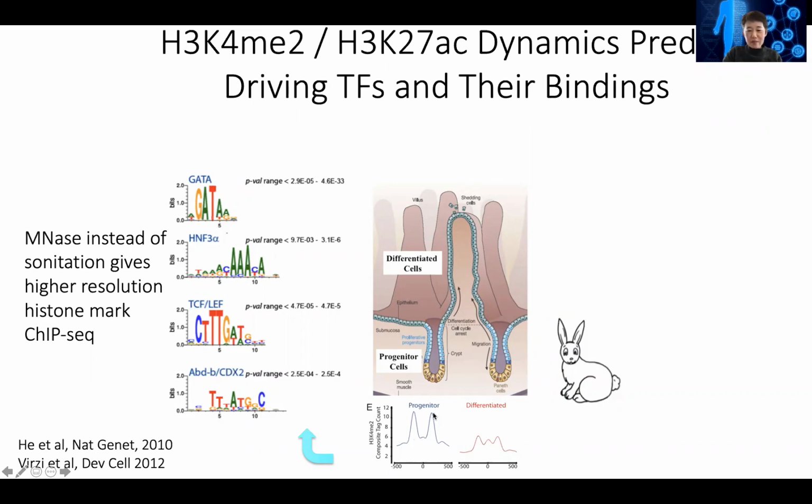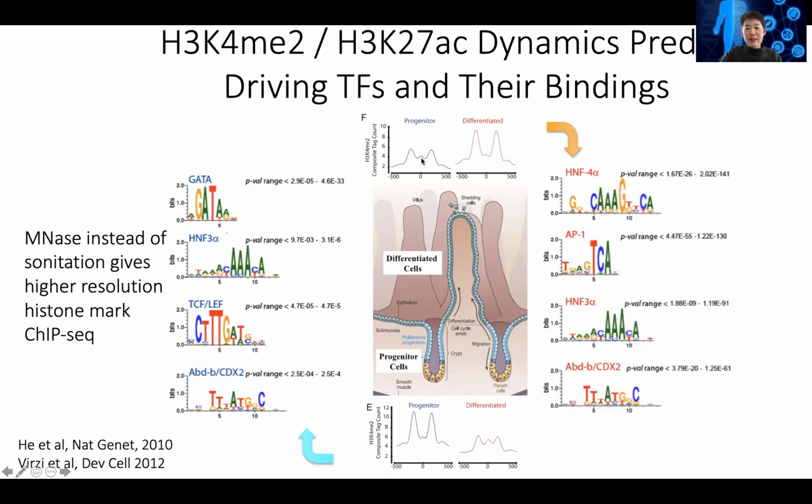And in comparison, there are regions in the progenitor cell that are kind of poised, ready or potentially can be bound. But then in the differentiated cell, when the transcription factor really becomes active, it binds to some regions like this, and the middle will be much, much lower. And you can look for motifs or do the ChIP-seq overlap.